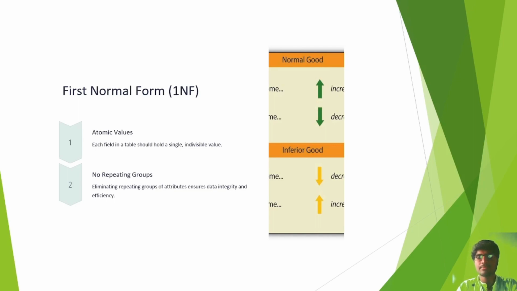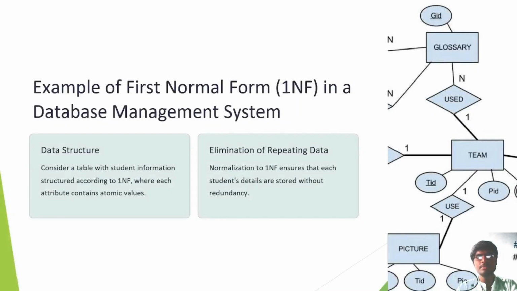Examples of first normal form. 1NF in a database management system. Data structures: consider a table with student information structured according to 1NF, where each attribute contains an atomic value. Here we can convert the normal information into 1NF.